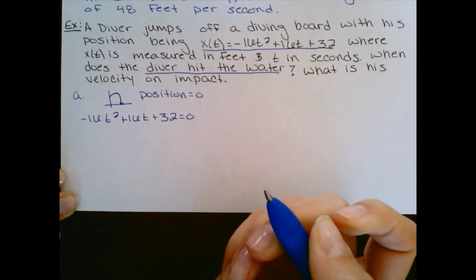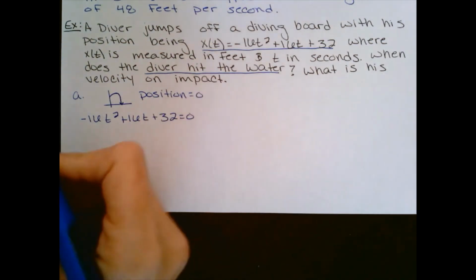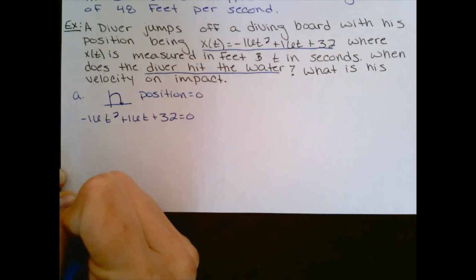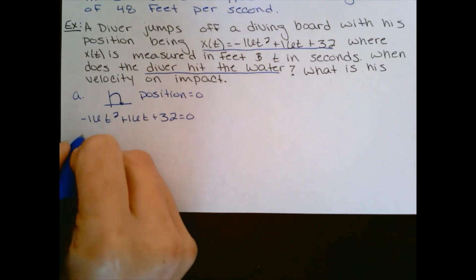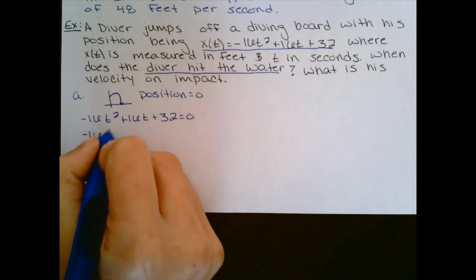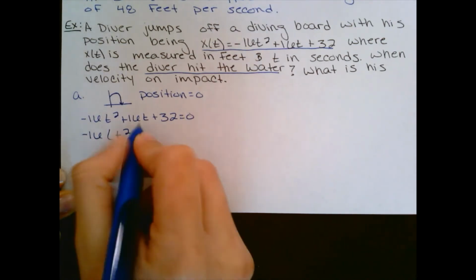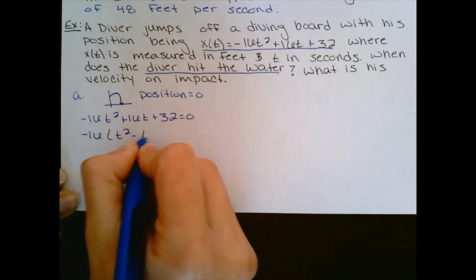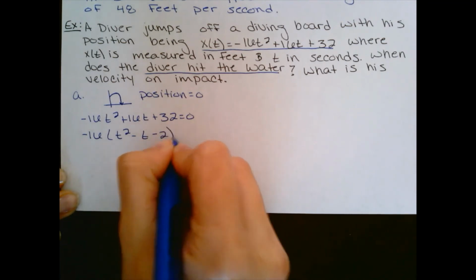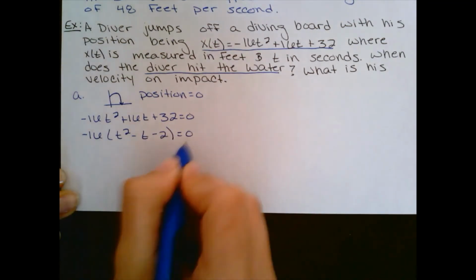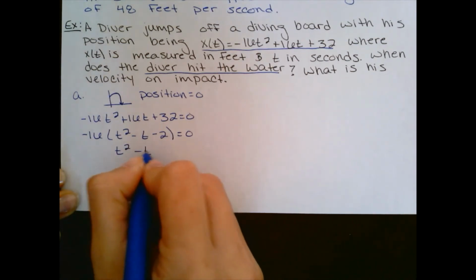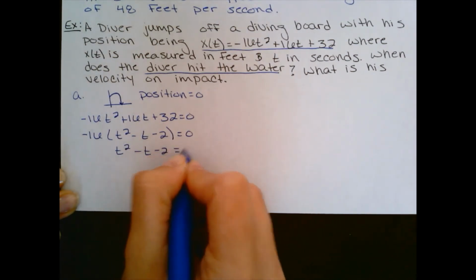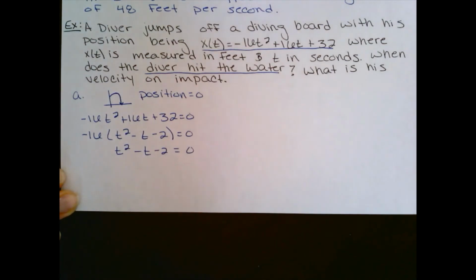And now I'm just solving for t. Okay? So I can factor out a negative 16 from all three of them to make this problem a little easier. I can divide this negative 16 over, and then 0 divided by anything is still 0.